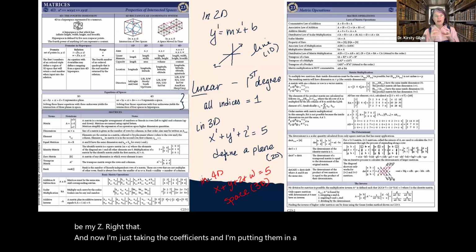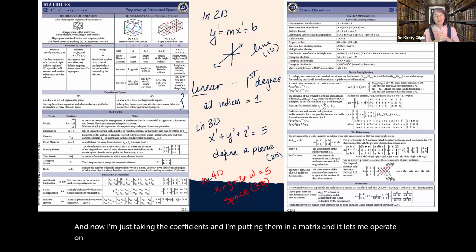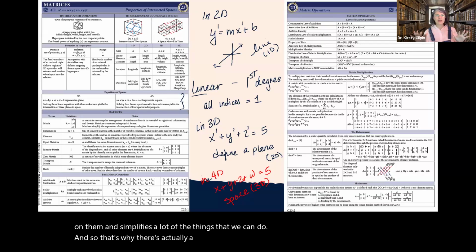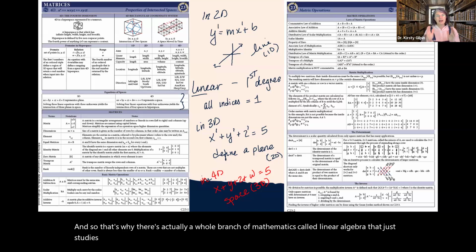It lets me operate on them and simplifies a lot of the things that we can do. That's why there's a whole branch of mathematics called linear algebra that just studies linear equations and uses matrices to do so.